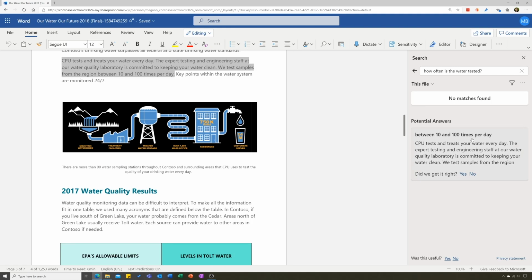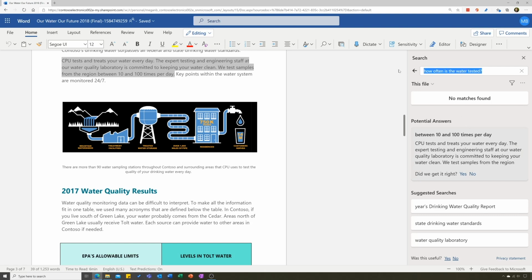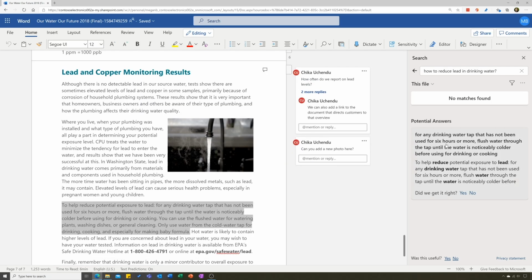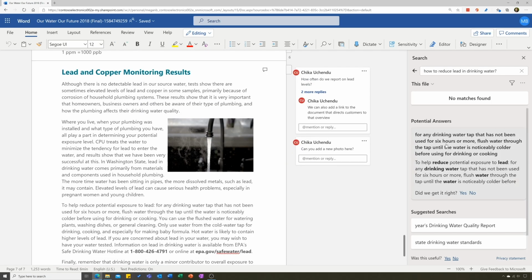Well, it's tested between 10 and 100 times per day. You can also answer questions like how to reduce lead in drinking water. And again, by understanding the content of the document, an answer is presented to me.